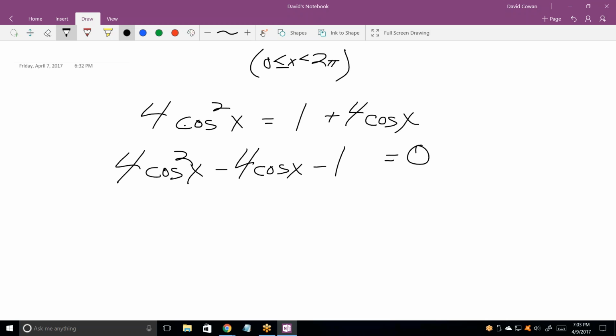Now, the question is, why would they give you something that required the quadratic formula? First of all, do you understand why this is a quadratic? If you did not, we could use substitution.